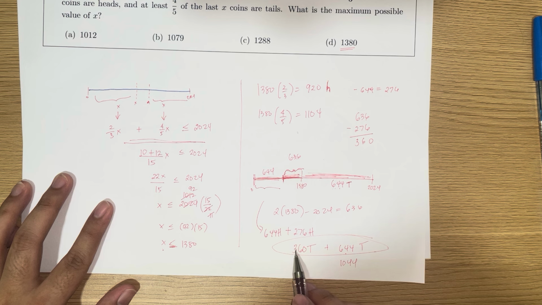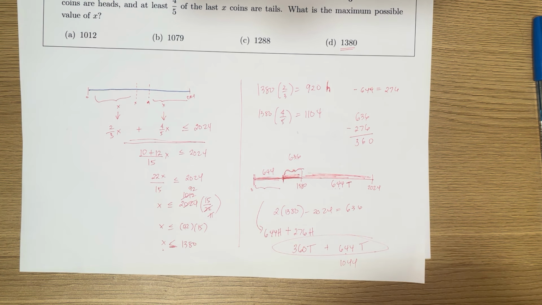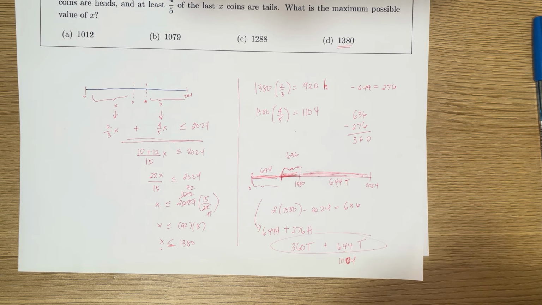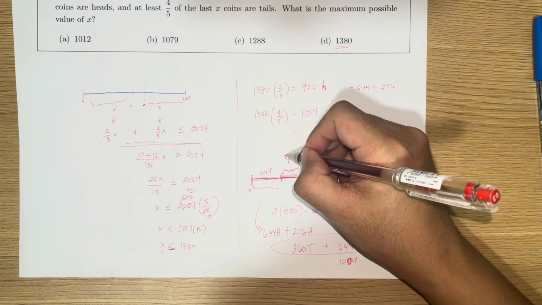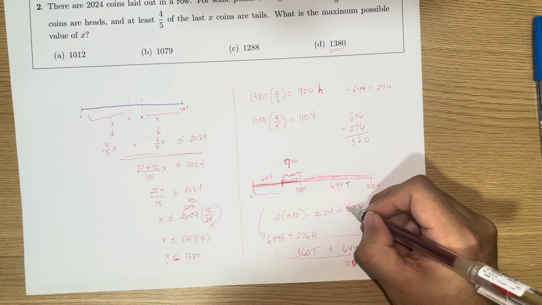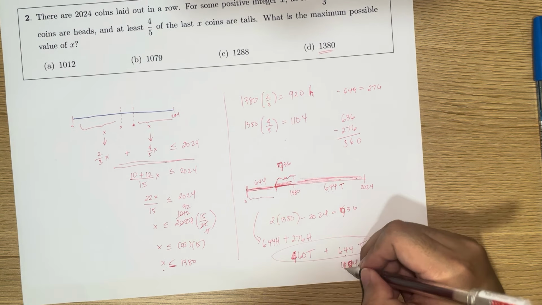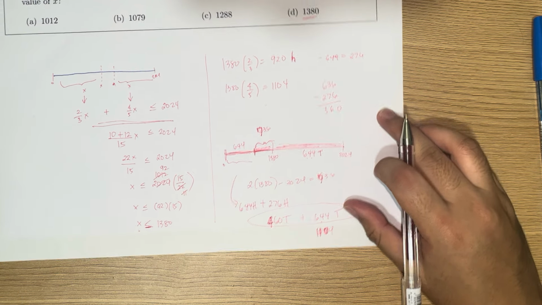We must have a total of 1104. Oops, sorry, this is 1004. Still wrong, should be 1104. I think we did an arithmetic error right here. Right here, sorry, this should be 736, my bad. This should be 736 right here. And this should be 460 there. So the total should be 1104 tails.